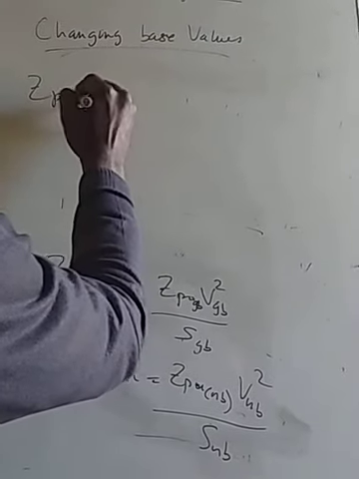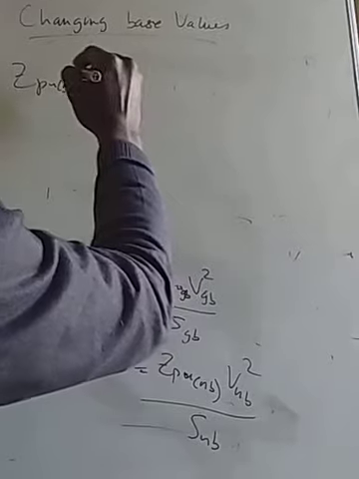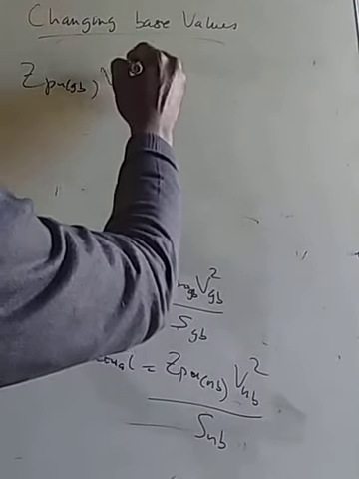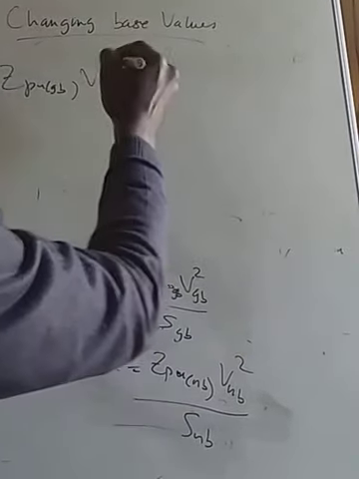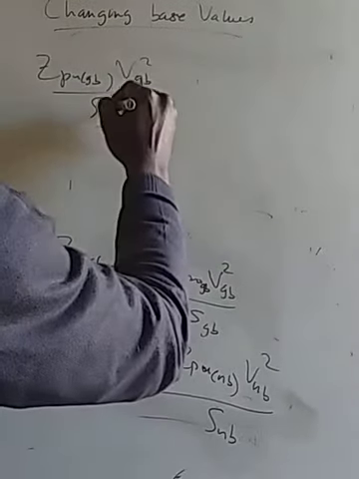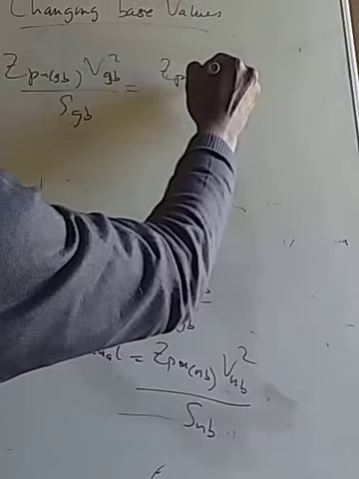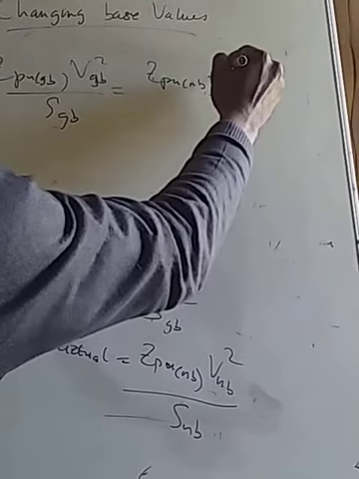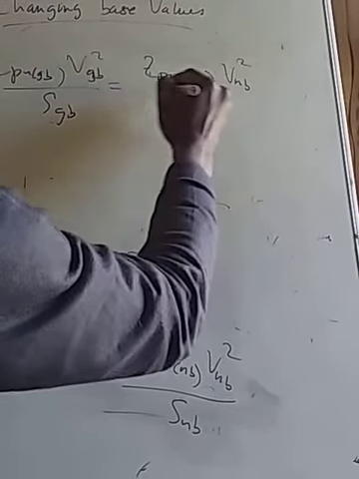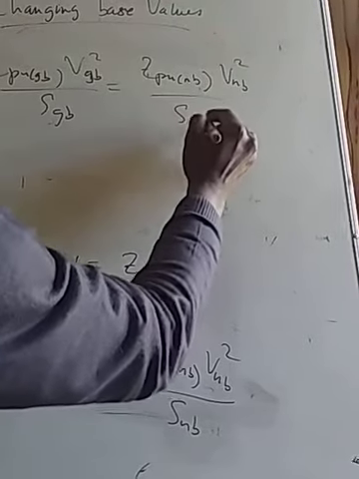ZPU GB by VGB squared over SGB will be equal to ZPU NB VNB squared over SNB.